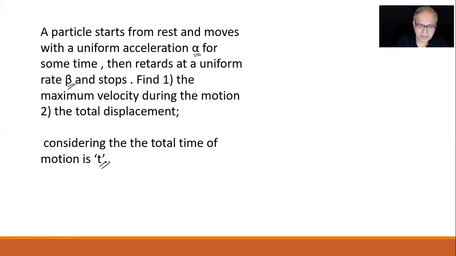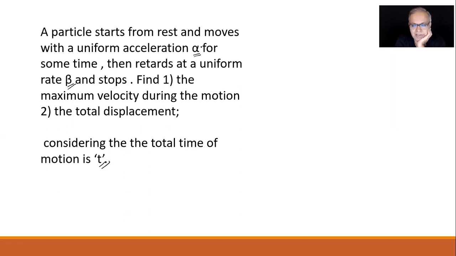This alpha acceleration may be there for a time t1. This beta acceleration may be there for a time t2. But the t1, t2 don't come into the picture. Your answer must be in terms of the things given in the problem. So that's the first thing you need to understand when a problem is given in general terms. Do you follow?